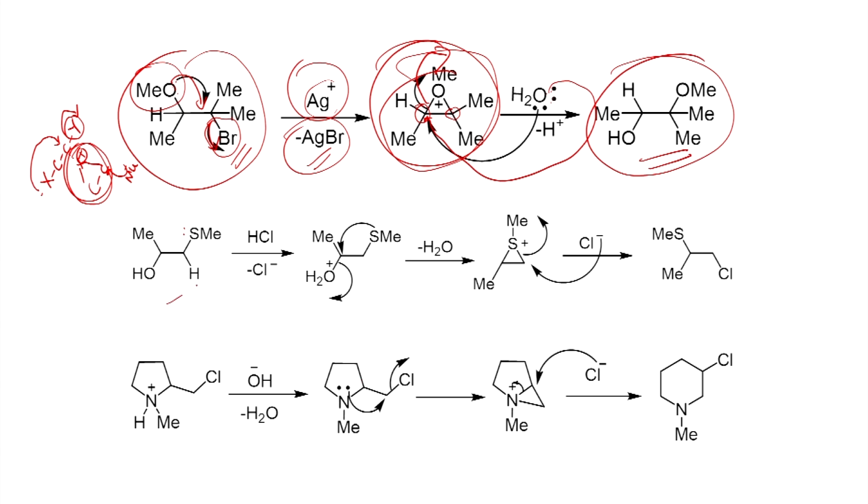Now let us look at this example. When you treat this alcohol with acid, for example hydrochloric acid, it can protonate. So you will have this intermediate. This is the leaving group, and the sulfur lone pair can assist to cleave this carbon-oxygen bond heterolytically, and you will form this cation intermediate.